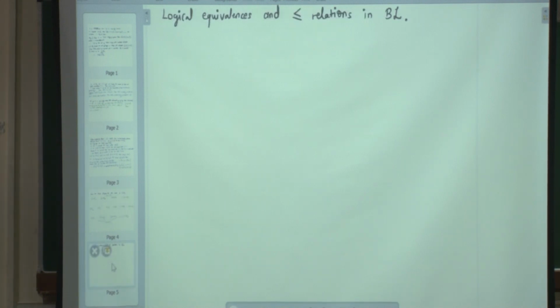Then let us look at some examples of logical equivalences and relations. So what about double negation, P is logically equivalent to P? Is that true? How will you show that? Truth table.